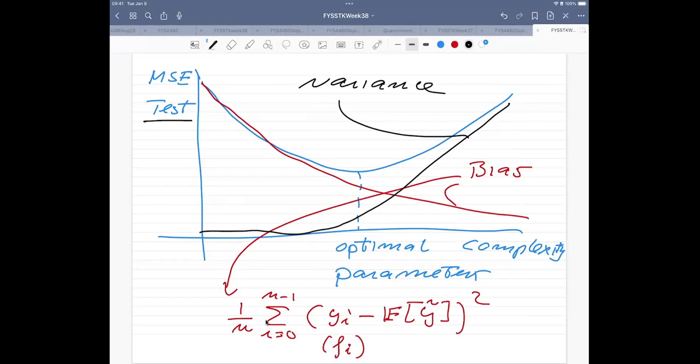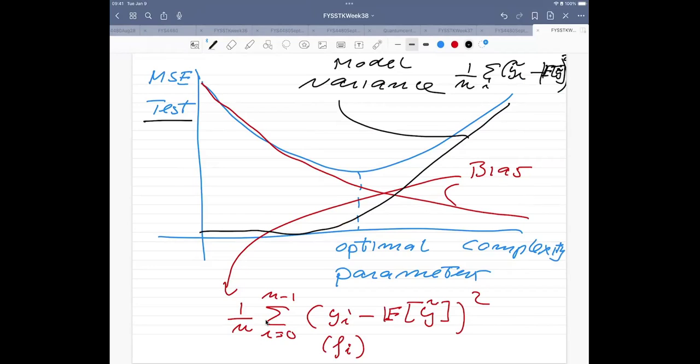This is the mean squared error for the test data. So this variance is the variance of the model. So I have y of i tilde, that's the model, minus this mean value of the model, and this is squared.